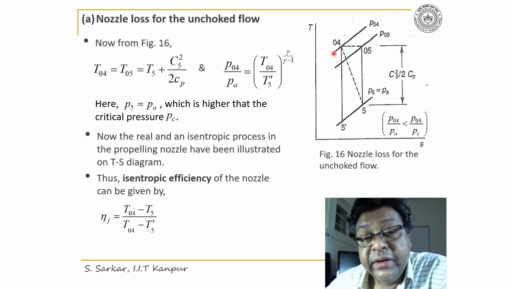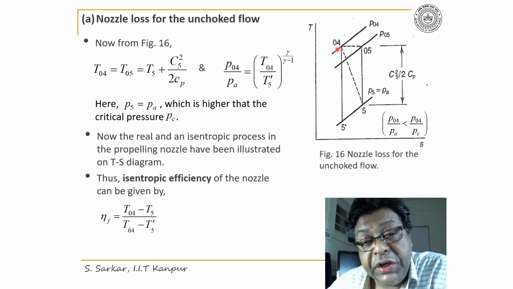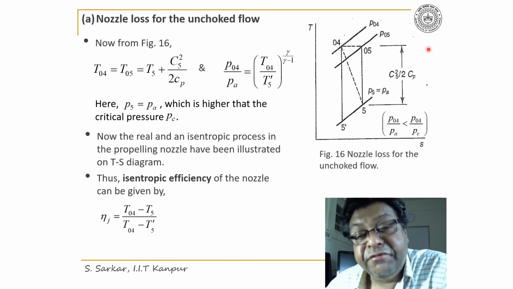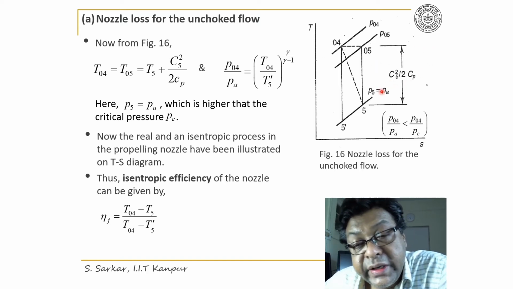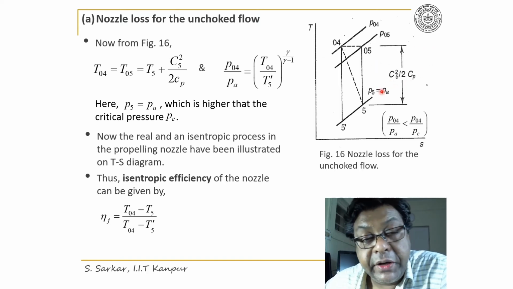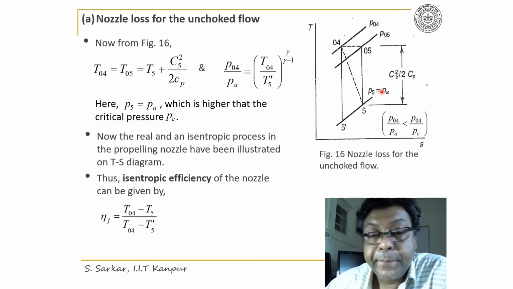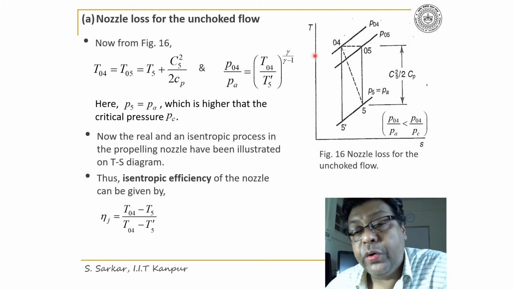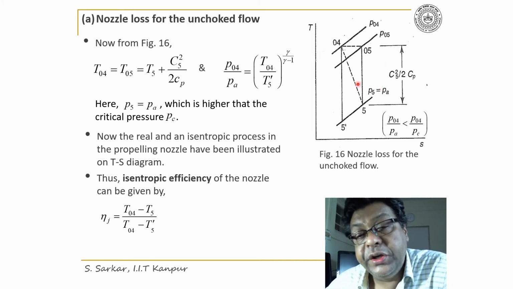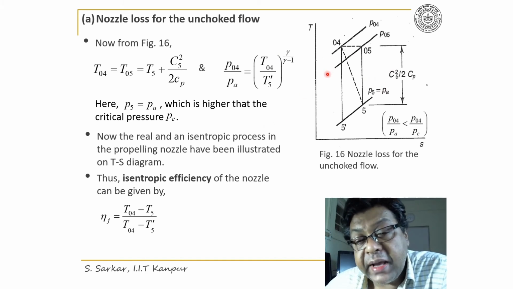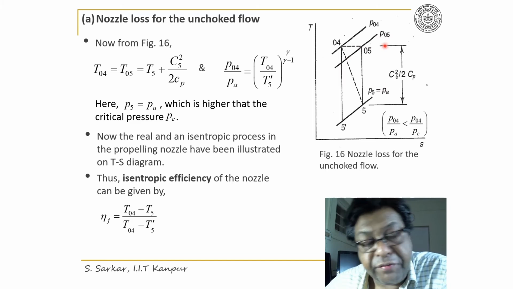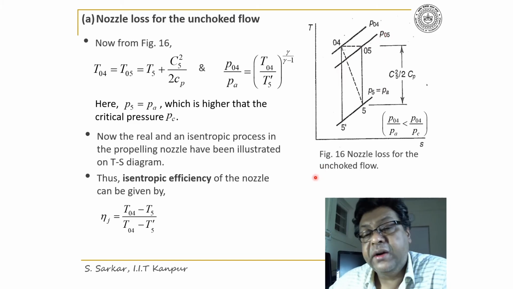Note that the difference between T04 and T5 can be equated with C5 squared divided by twice Cp. Again, T04 is equal to T05, and thereby I can get P05, which has been expressed here.